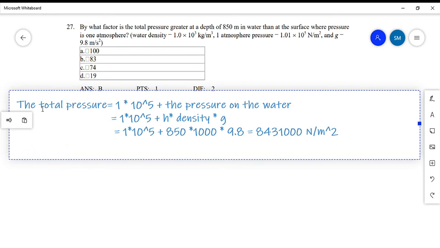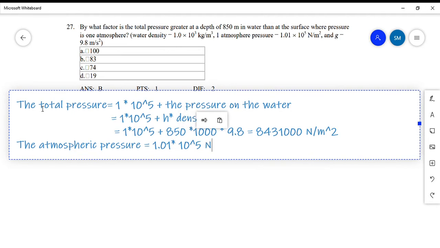And we all know the atmospheric pressure is equal to 1.01. Let us use the value he gives us in the question, 1.01 times 10 power 5 Newton per meter square.